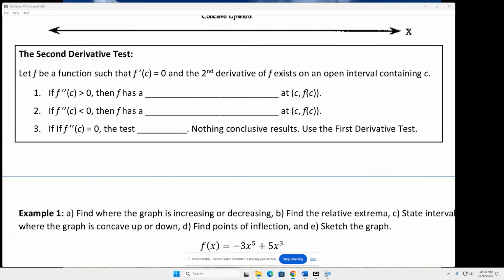Okay, and then the second derivative test. Most people prefer the first derivative test. It actually sometimes just makes more sense, but sometimes you have to do the second derivative test because of the information that you're given. And so the second derivative test says that f is a function and f prime of c is 0.